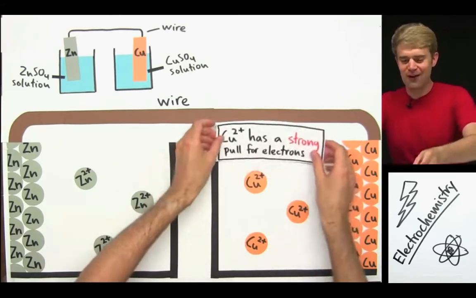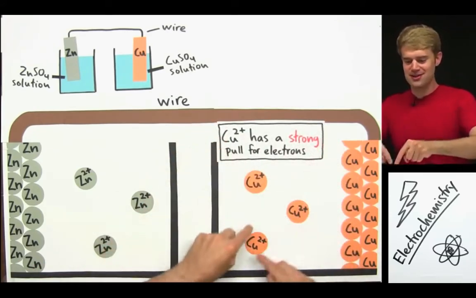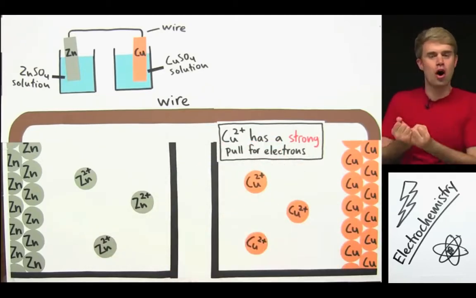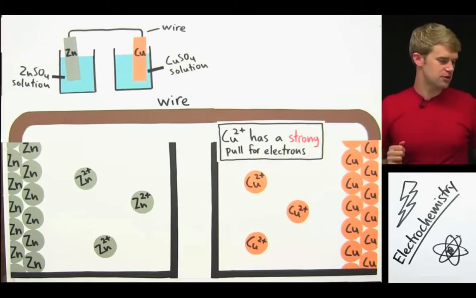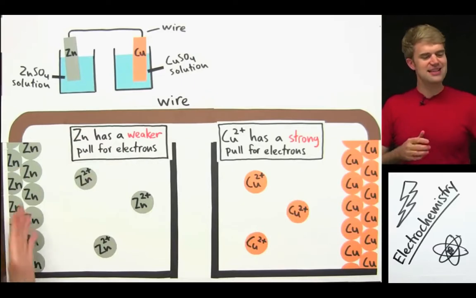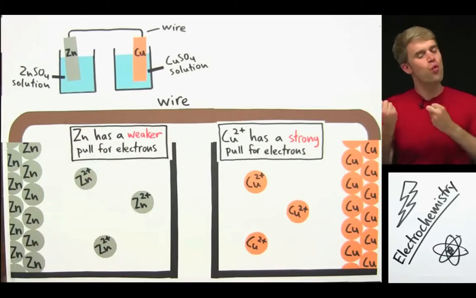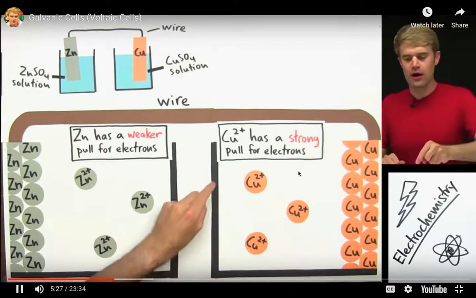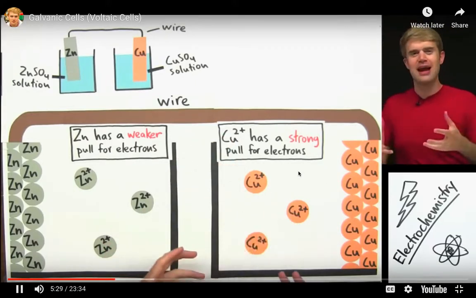It turns out that Cu2+ has a really strong pull for the electrons. But zinc has a weaker pull for electrons. So in this tug of war, Cu2+ ends up winning.